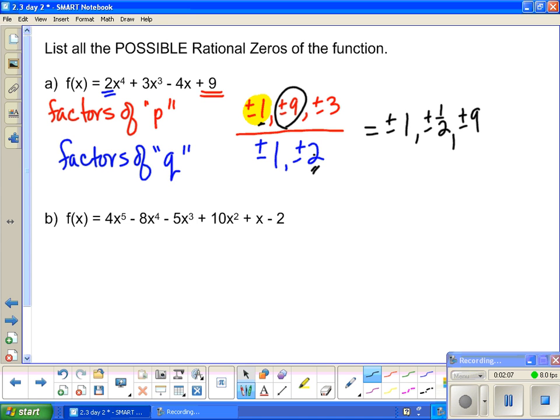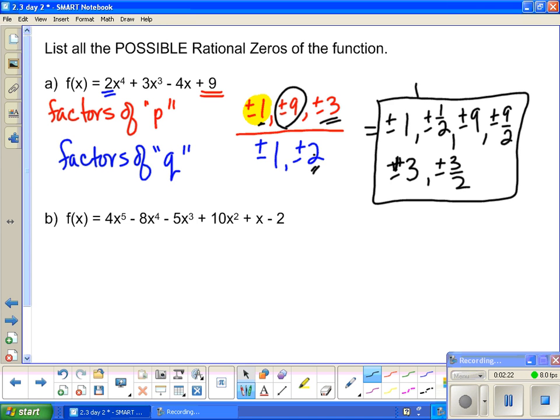Plus or minus 9, plus or minus 9 halves. Then move on to the next one, plus or minus 3, plus or minus 3 halves. This list is the list of all possible zeros. Now, they're not all going to be the zeros of the function, but they are the possible zeros.